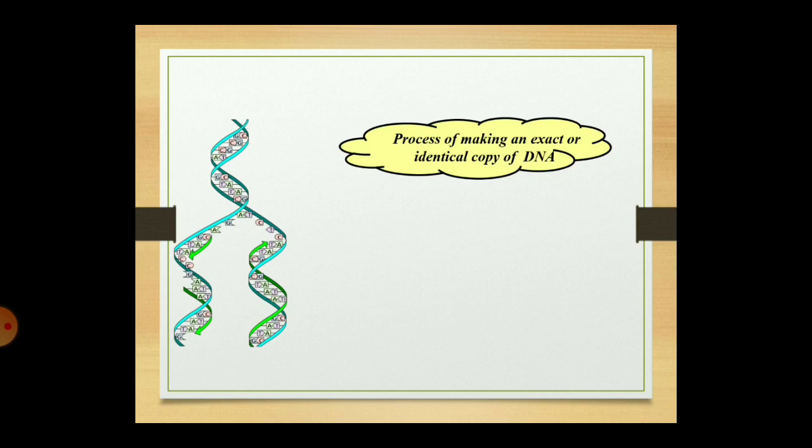One of the parental strands is conserved and a new strand is synthesized on it, hence DNA replication is commonly known as the semi-conservative method of replication.